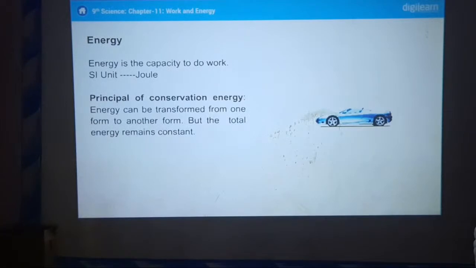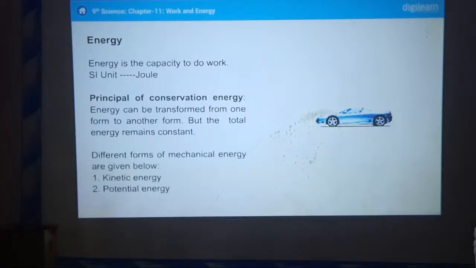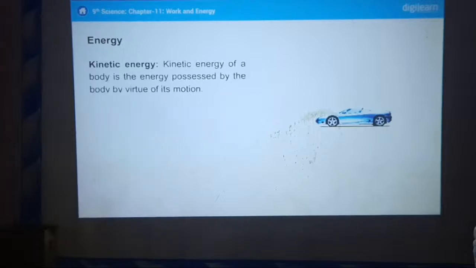Principle of conservation of energy. Energy can be transformed from one form to another form, but the total energy remains constant. Different forms of mechanical energy are given below. 1. Kinetic energy. 2. Potential energy. Kinetic energy. Kinetic energy of a body is the energy possessed by the body by virtue of its motion.